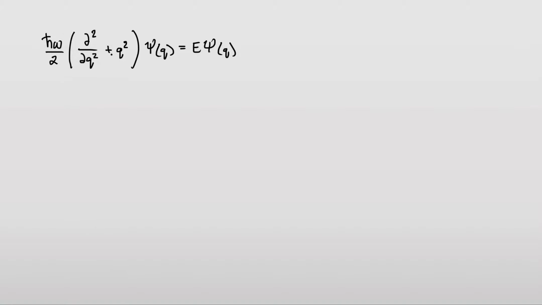Now, and q, if we remember, we made this reparameterization where x is equal to the square root of, if I remember correctly, yep, mw, the mass, times the frequency, rotational frequency, times q.